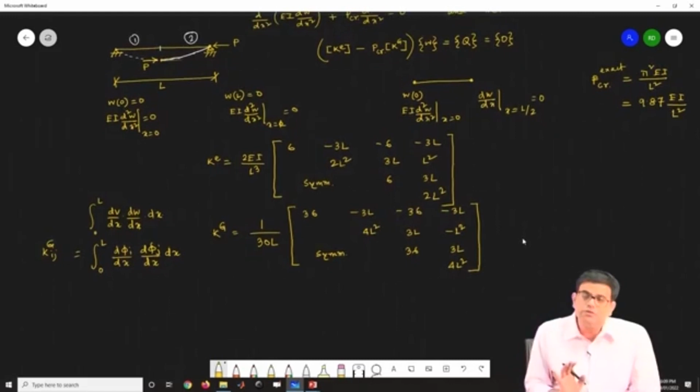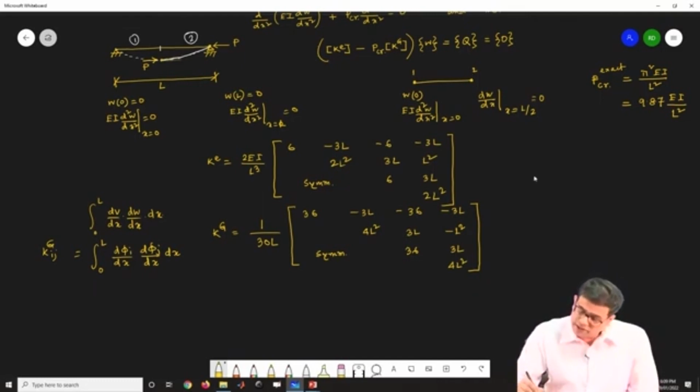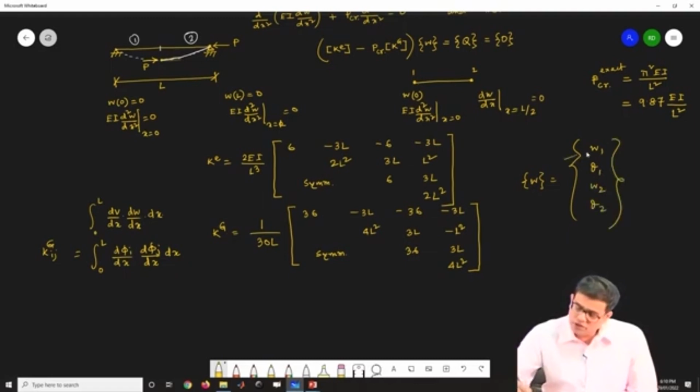So, now if you solve this problem and take node number 1 and node number 2, your W vectors will look like W1, theta 1, W2, theta 2. So, this will be 0 and this will be 0. So, these two terms only appear.